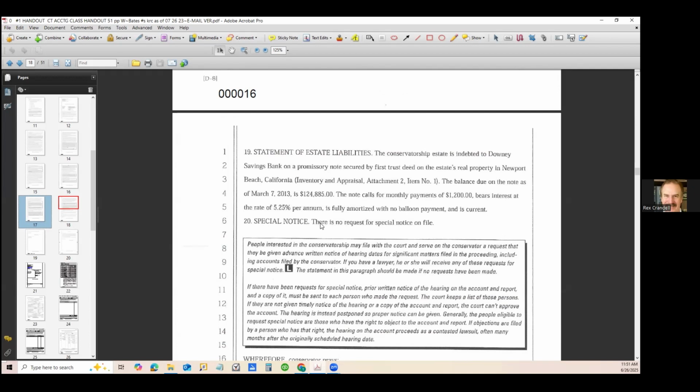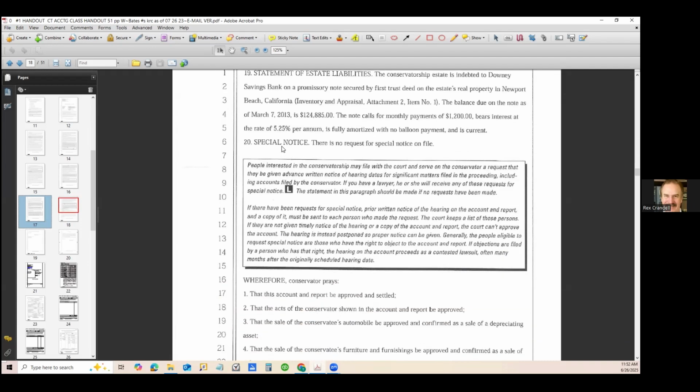A lot of times I will indicate that requests for special notices have been filed by, let's say, the State of California, Franchise Tax Board, P.O. Box, blah, blah, blah, and list their full address. Sometimes it could be the probate referee if they haven't been paid yet. The probate referee filed a request for special notice. I'll list their name and their full address because that will be part of the notice.